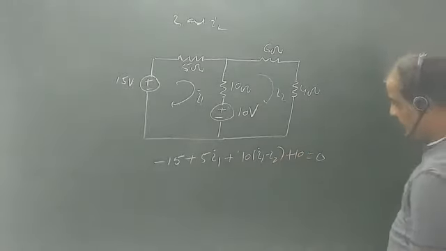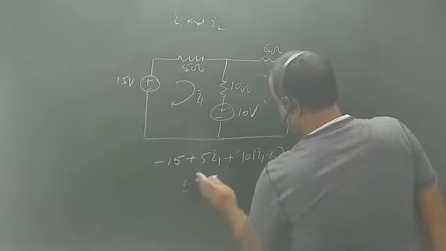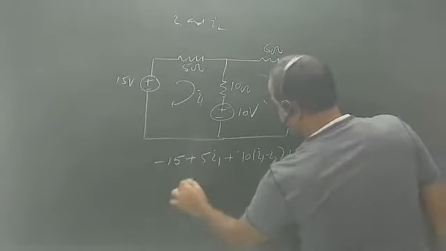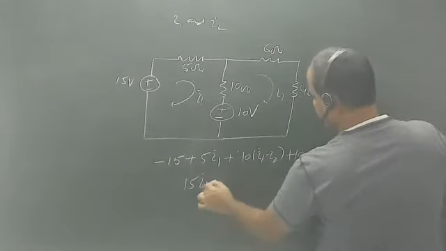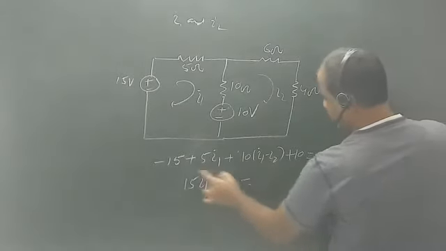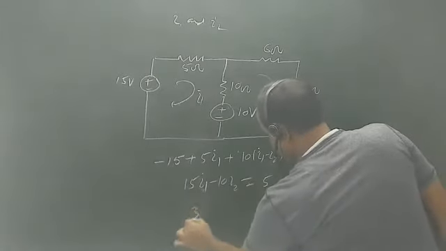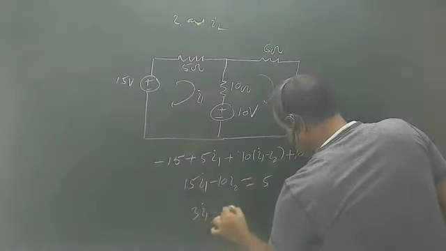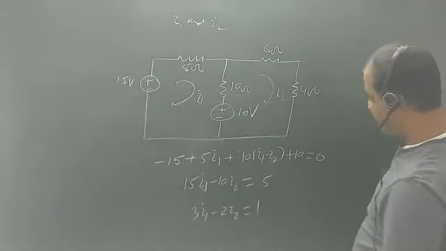So 5 I1, this is 5 plus 10, 15 I1 minus 10 I2, and this is equal to minus 15 plus 10, so this will be minus 5. This becomes 3 I1 minus 2 I2 equal to 1. So this is from mesh 1.